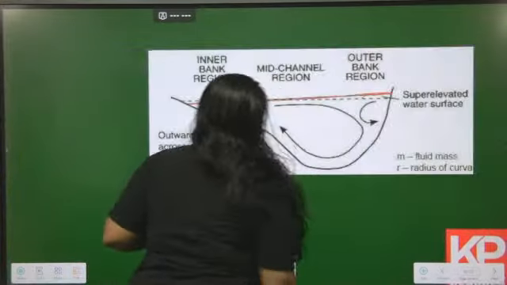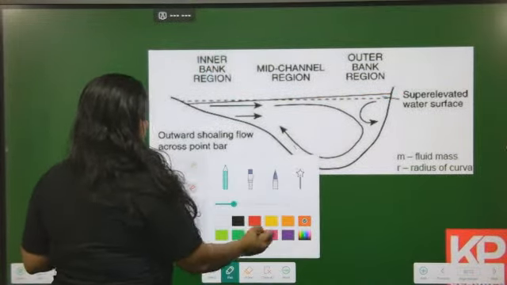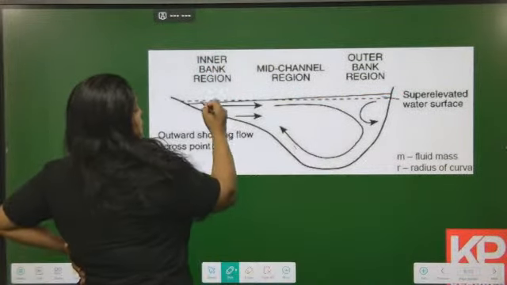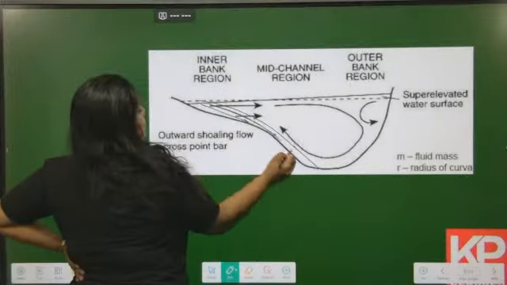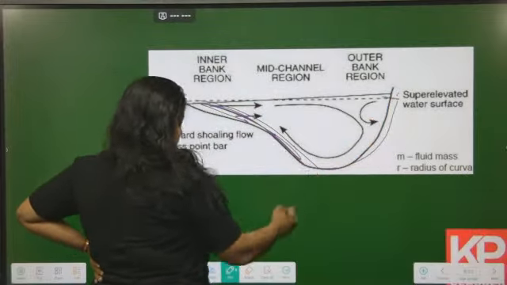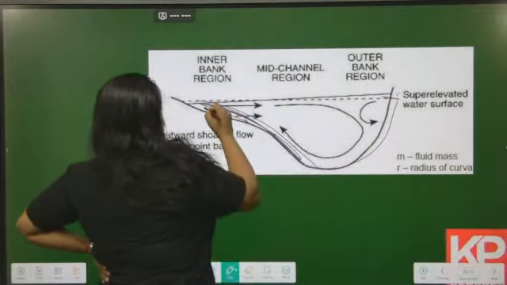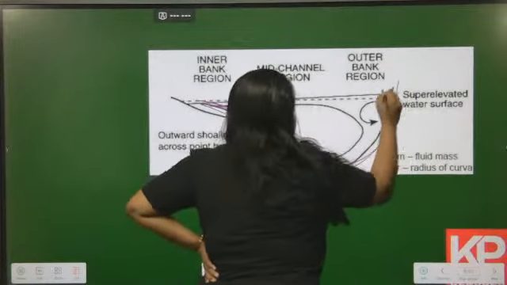Over here in this figure, initially, this is the beginning of the channel. Now, in the current scenario, deposition will happen over here and erosion will take place at this particular position. So with time, the channel will migrate in this particular direction.